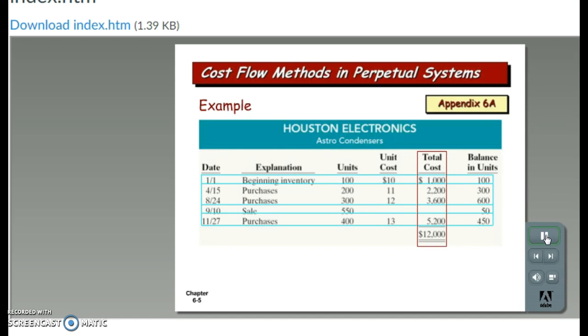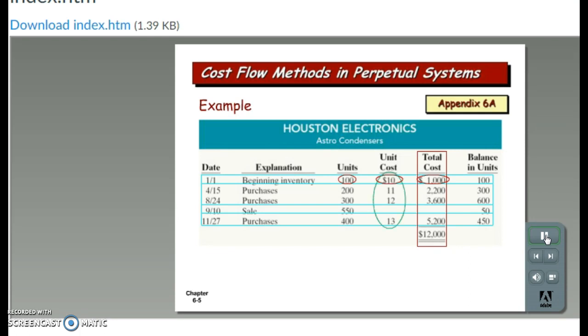The cost of the inventory is recorded in this column. For example, the beginning inventory on January 1 consists of 100 units that each cost $10 for a total cost of $1,000.